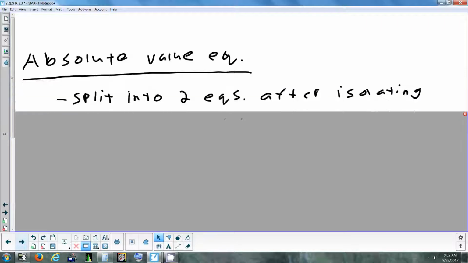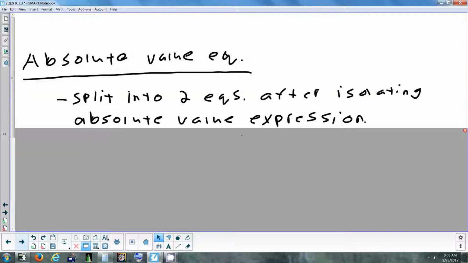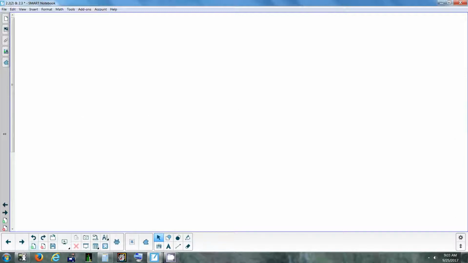Okay, so absolute value equations. First of all, absolute value is a V shape when you graph it. If you were to graph something basic, that's an absolute value with 2 transformations in it. Does anyone remember what the plus 2 does to a graph? Yep, it moves it left 2, and the minus 3 moves it down 3.